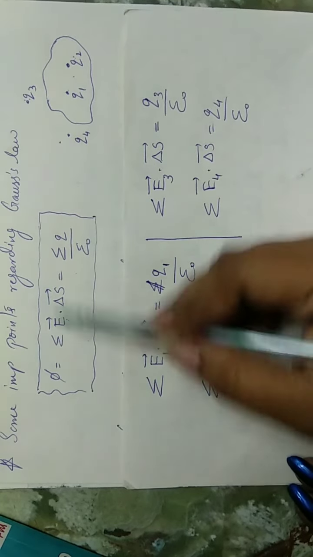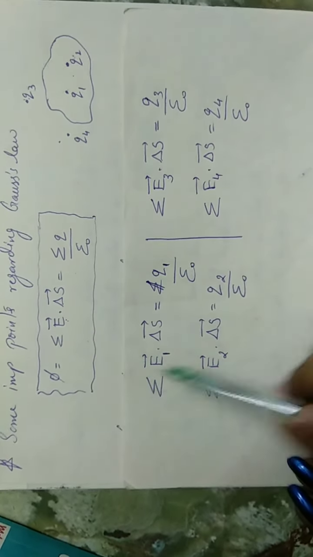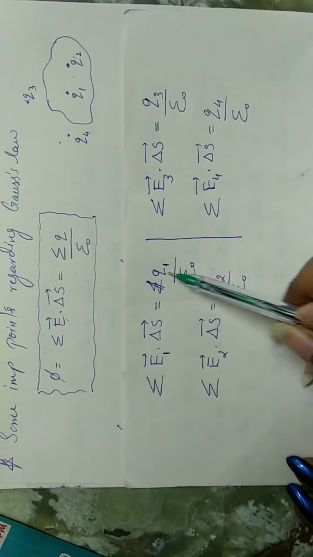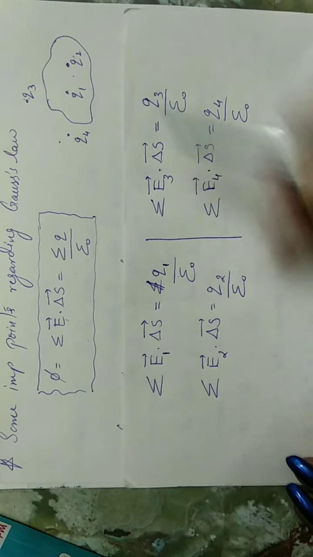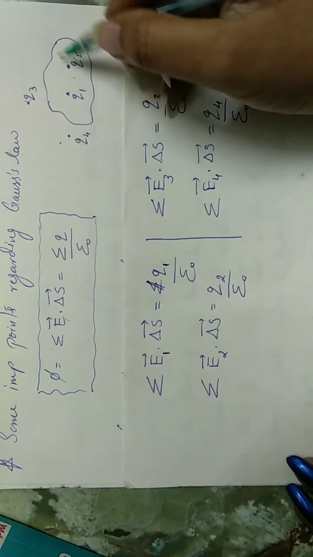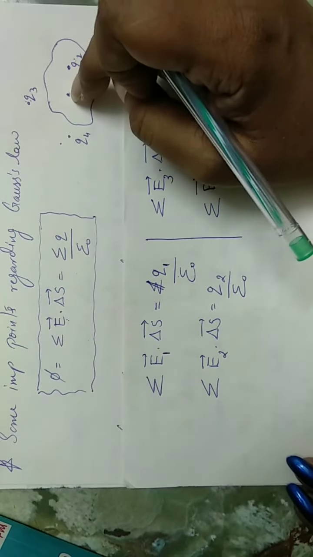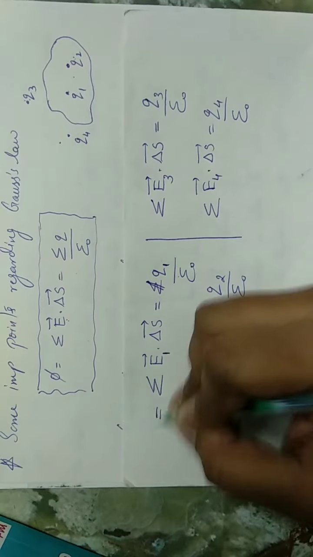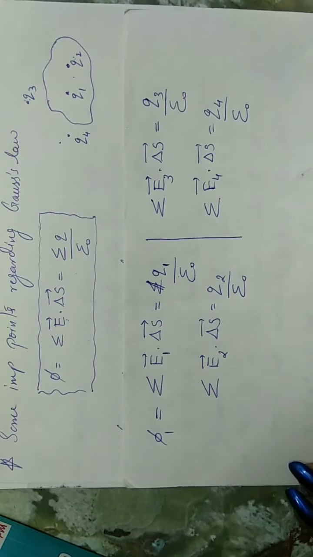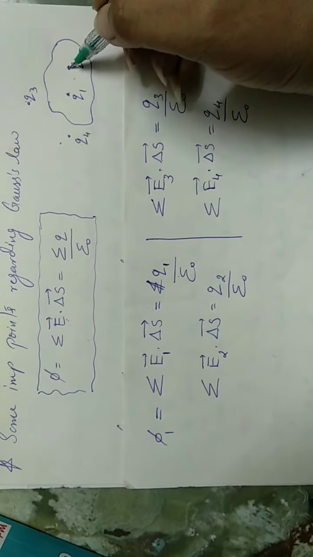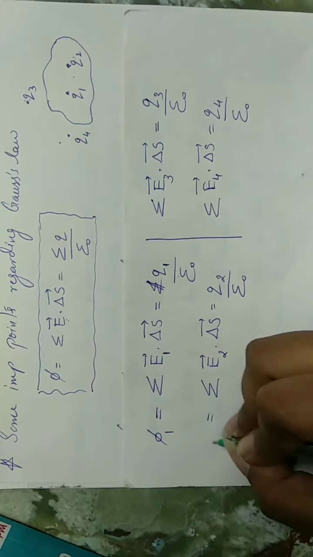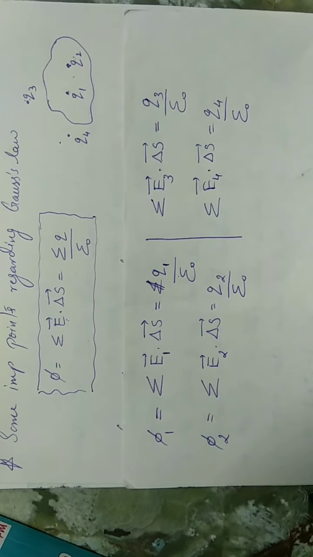Now from this formula, whatever flux I obtain will be known as phi 1. This Q1 charge is enclosed within the surface, and we have studied whenever the charge is enclosed in the surface, we are going to obtain flux. So that flux is known as, suppose, phi 1. Because of Q2, whatever flux we obtain is known as phi 2.